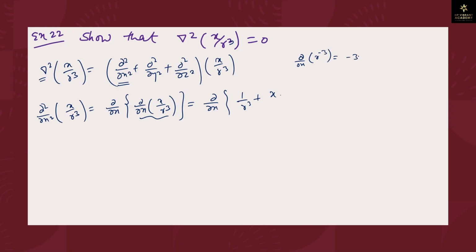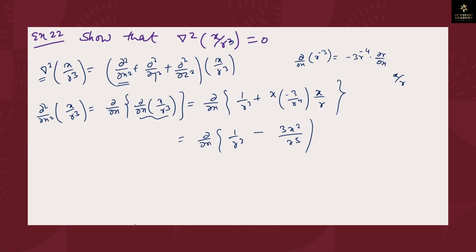So this is minus 3 r to the power minus 4 into del r upon del x, so x times minus 3 upon r to the power 4 into del r upon del x. And del r upon del x is x upon r, this we have already calculated. So this is equal to del upon del x of 1 upon r cube minus 3x square upon r to the power 5.